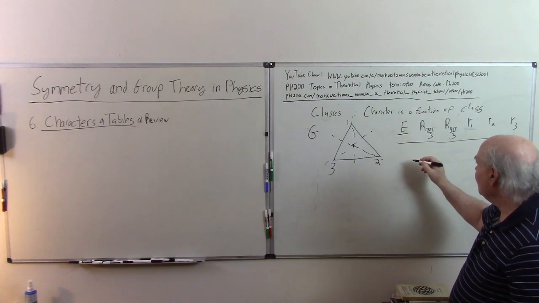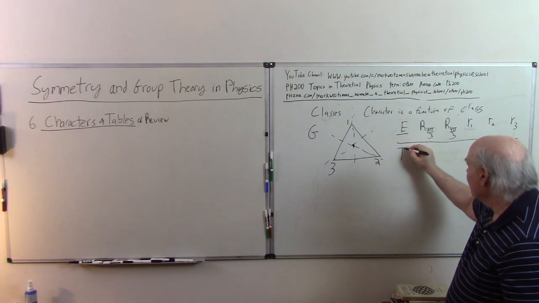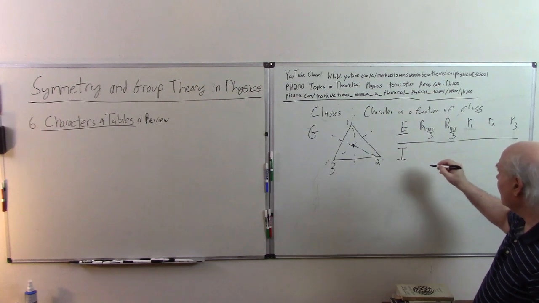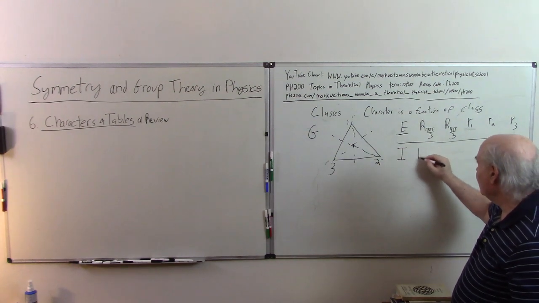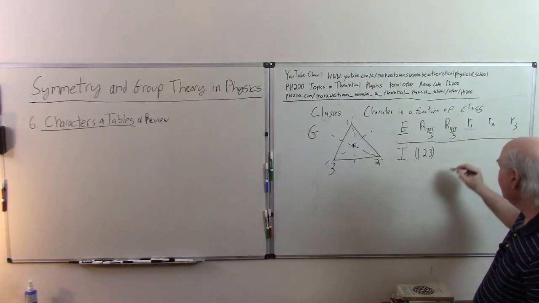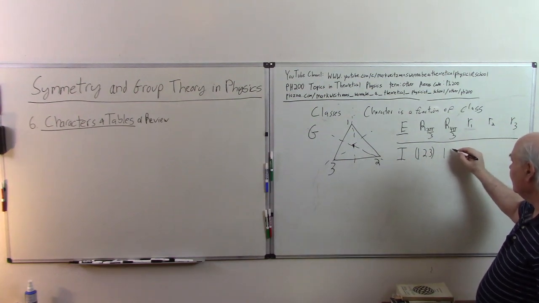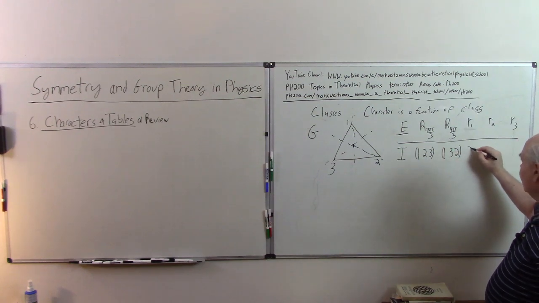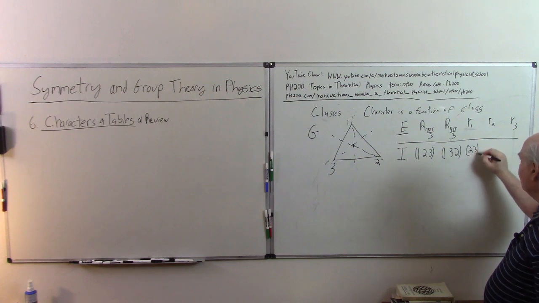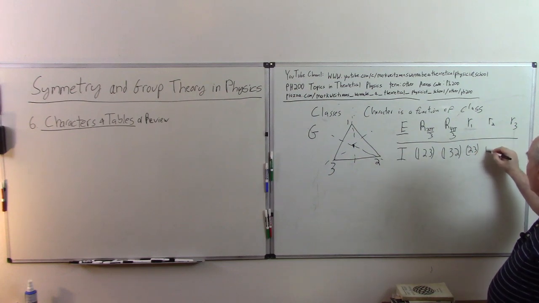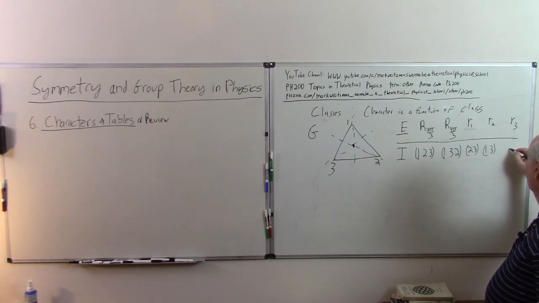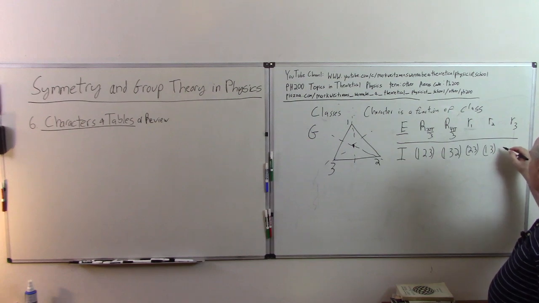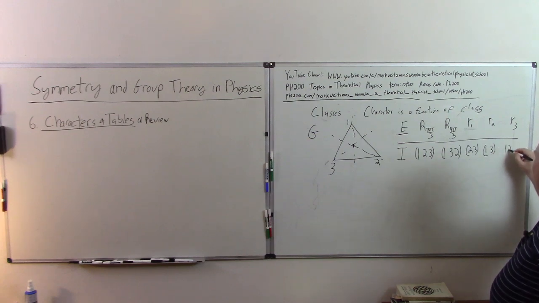So in terms of permutations, this is the identity element, does nothing. This one is the permutation where 1 goes to 2, 2 goes to 3, and 3 goes to 1. This one is the permutation where 1 goes to 3, 3 goes to 2, and 2 goes to 1. This one is the transposition. It's also a permutation: 2, 3, and 1 stays fixed.